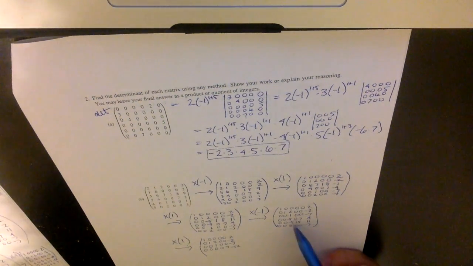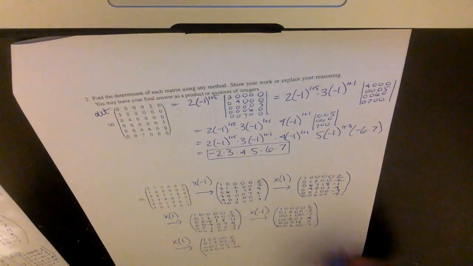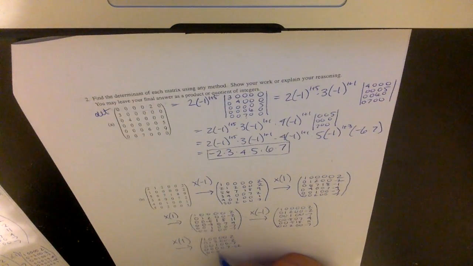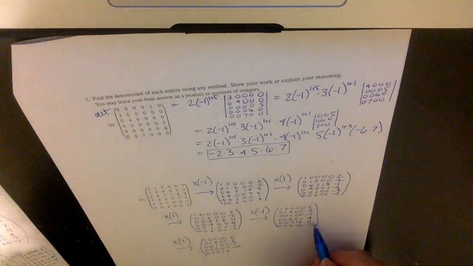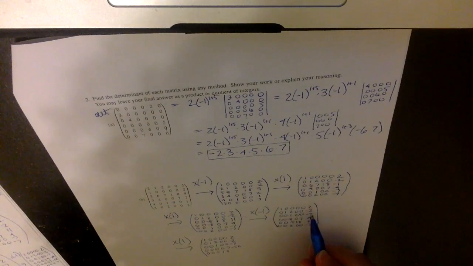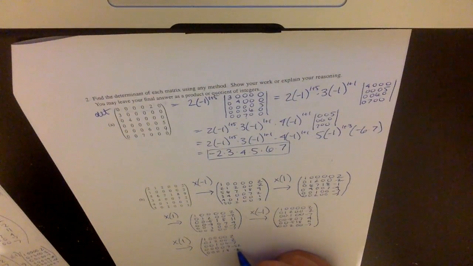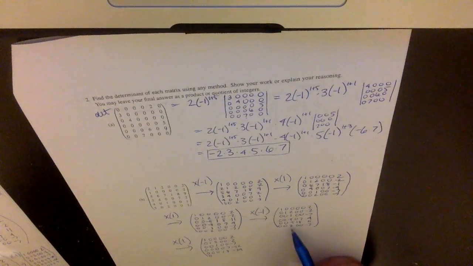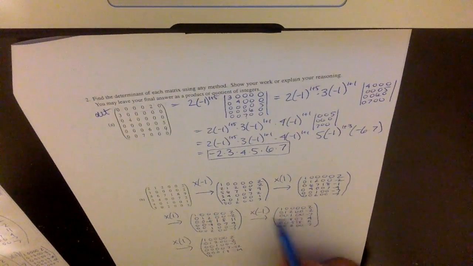Now we're going to take this row 5 plus 5 times row 3, which is 0, 0, 0, 1, 8. Now 11 minus 35 is negative 24. And then we're going to take this row and subtract 2 times row 3.